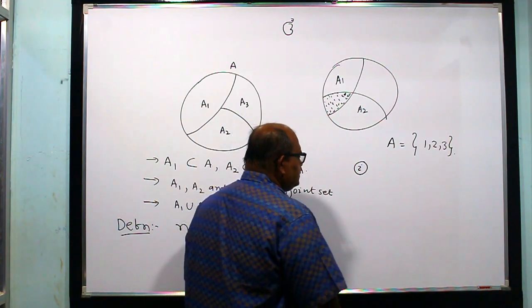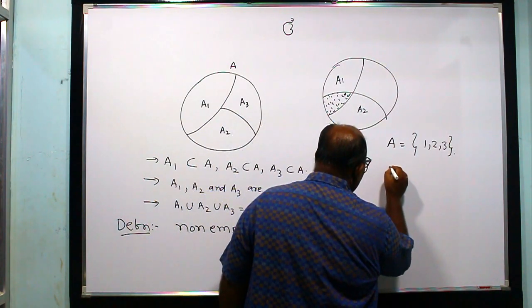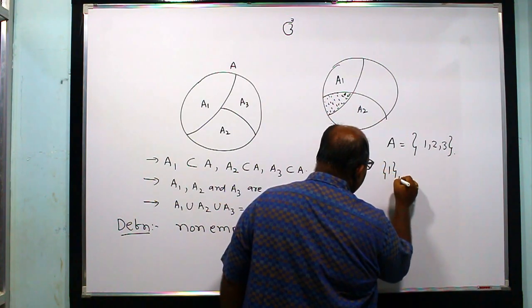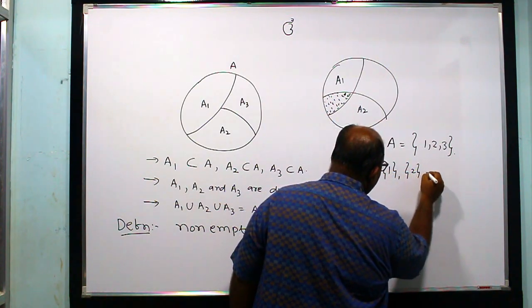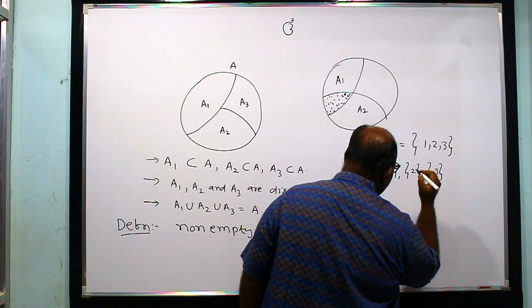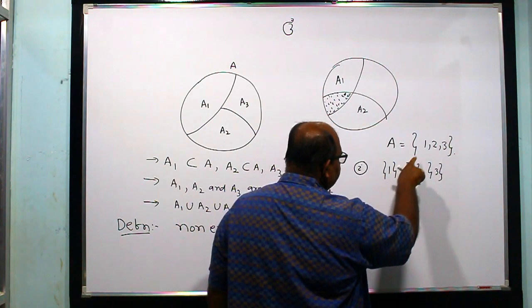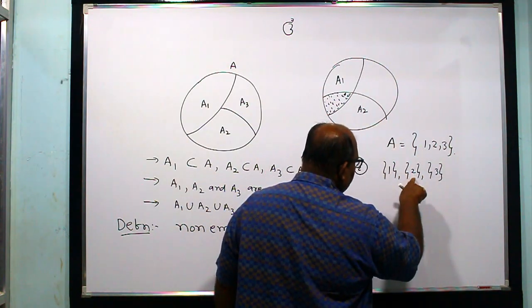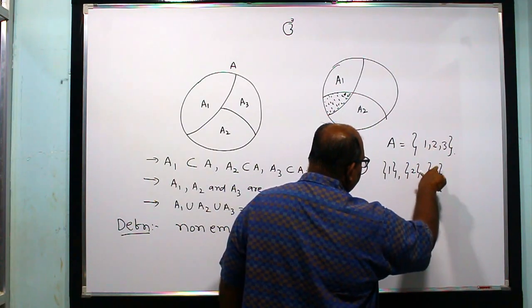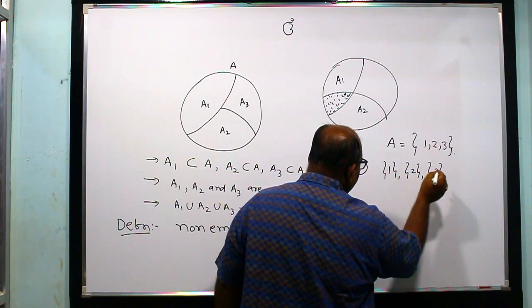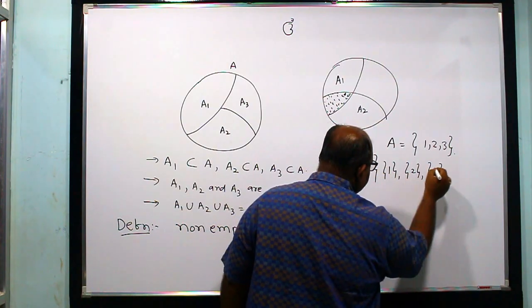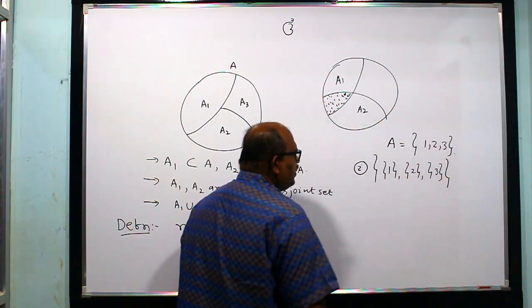So the first partition, what is coming? {1}, {2}, {3}. These are subsets. {1} is a subset of set A, {2} is also a subset of set A, {3} is also a subset of set A. Now this set of these subsets is a partition.